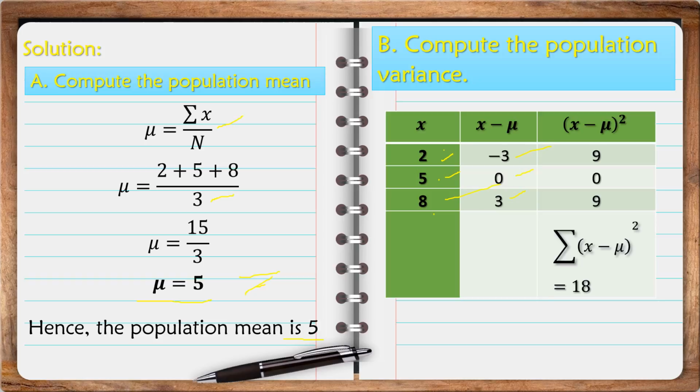So, negative 3 squared is 9. 0 squared is 0. 3 squared is 9. So, the summation of (x minus mu) squared is equal to 18.